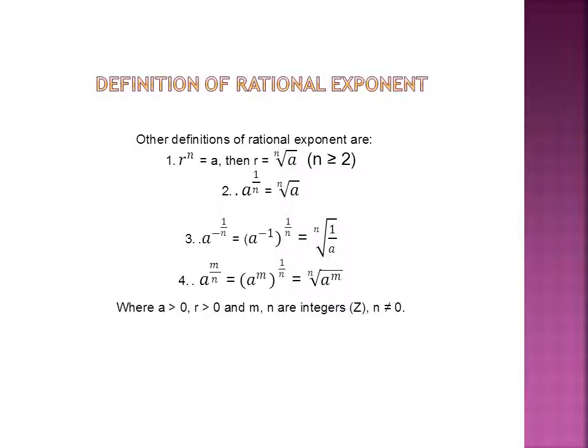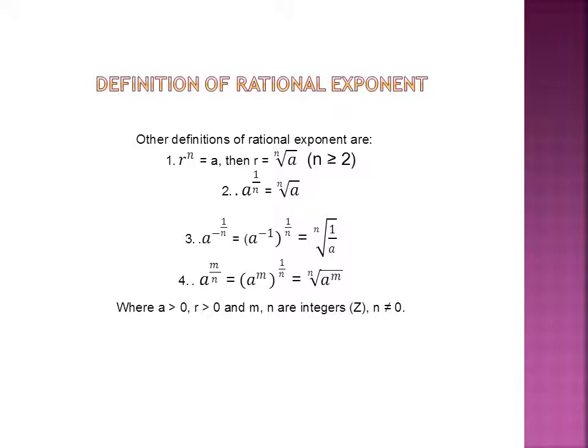Number 3, if we have a to the power negative 1 divided by n, it is equal to a to the power negative 1 to the power 1 divided by n, which is equal to the nth root of 1 divided by a.